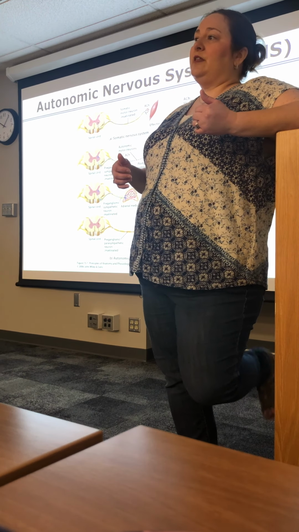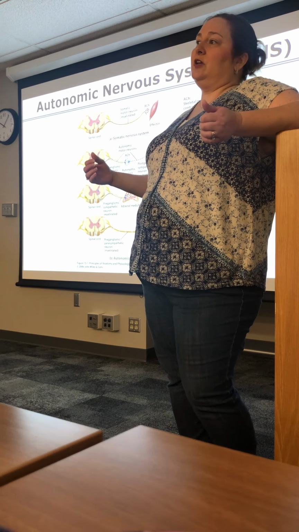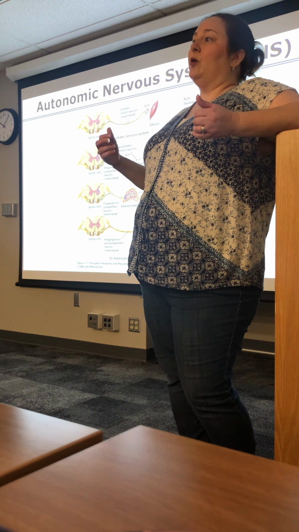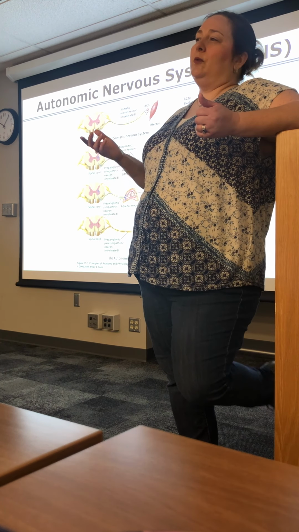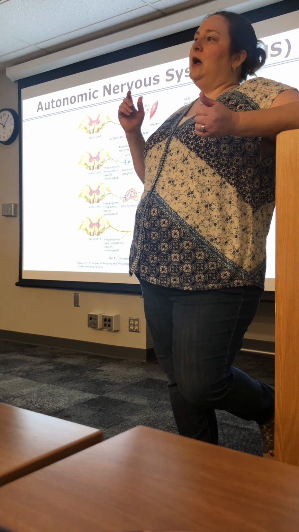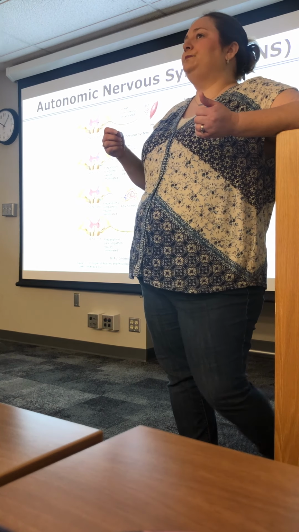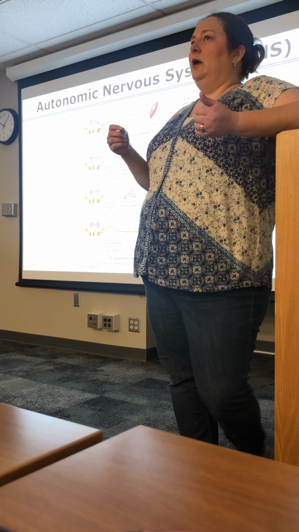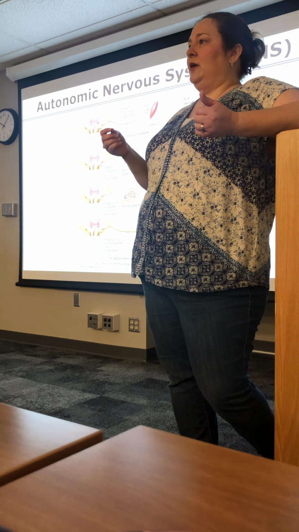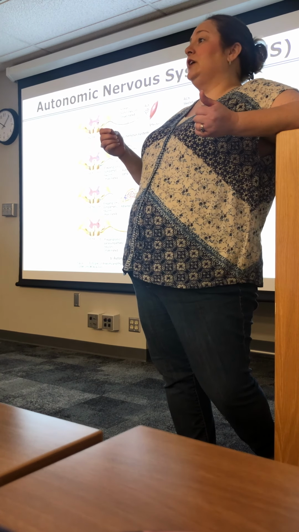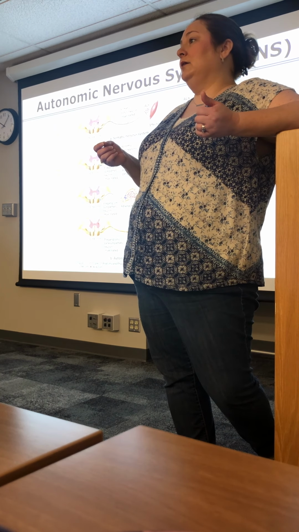If it's parasympathetic, it's actually further out. It's going to be near or in the wall of the organ being innervated. So do you remember when we looked at the GI tract and we saw the myenteric plexus and Auerbach's plexus? Those are actually parasympathetic ganglia.